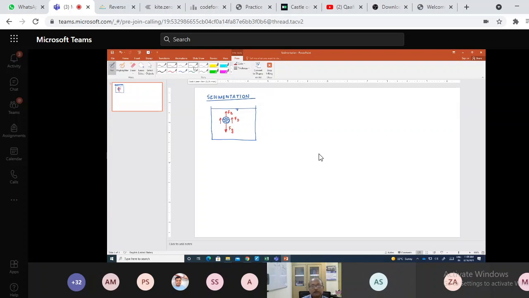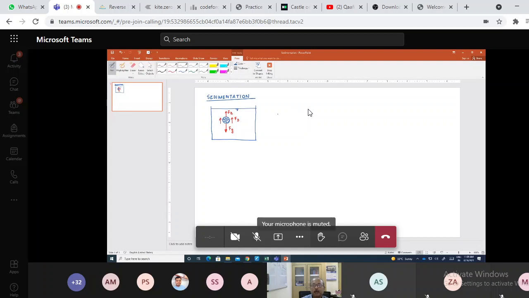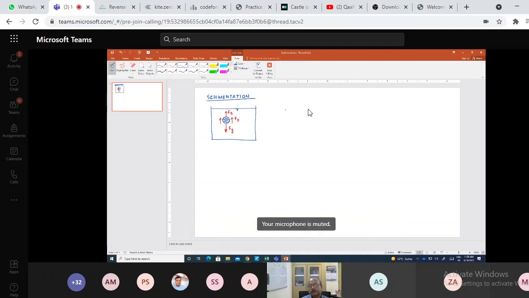Now, just to give you a practical example of a drag force, if you are going on a highway riding a bike, you can understand that the air is pushing you backward, opposite to the direction of flow, and the more you accelerate, the more your speed, the more is the opposing force that you experience.